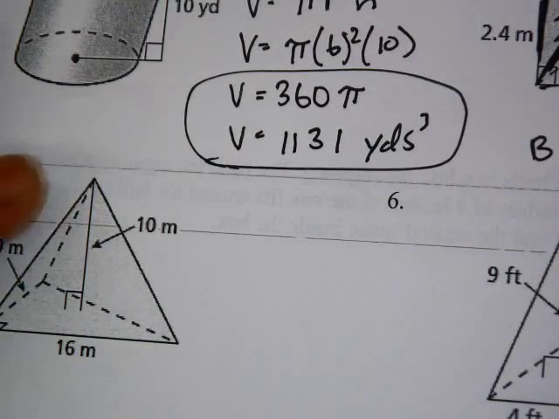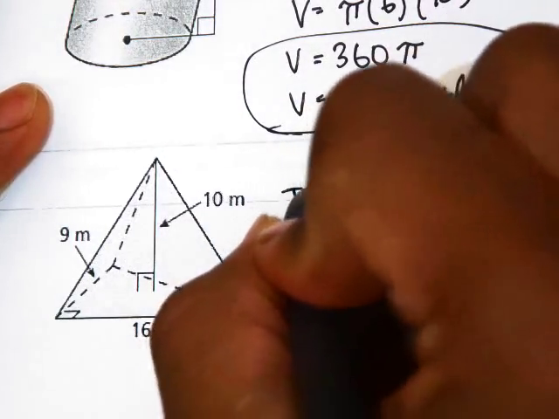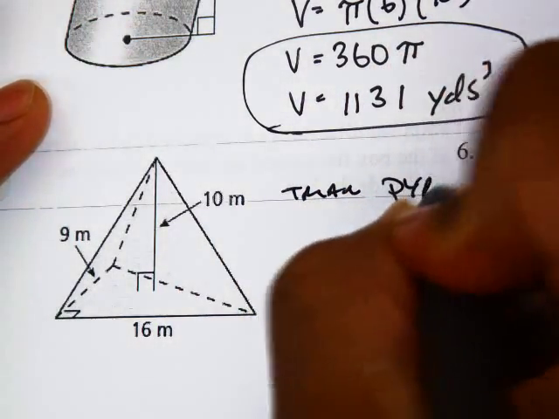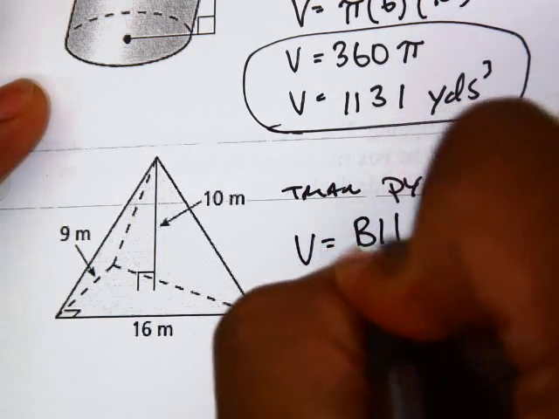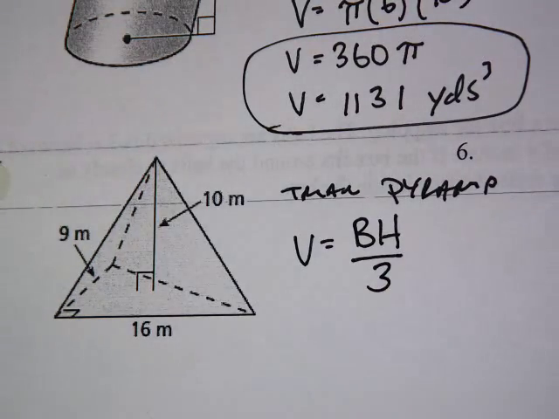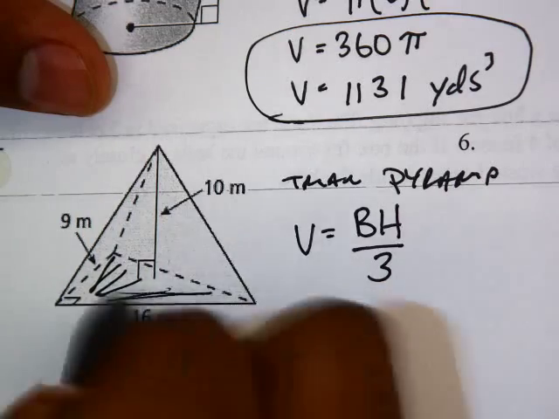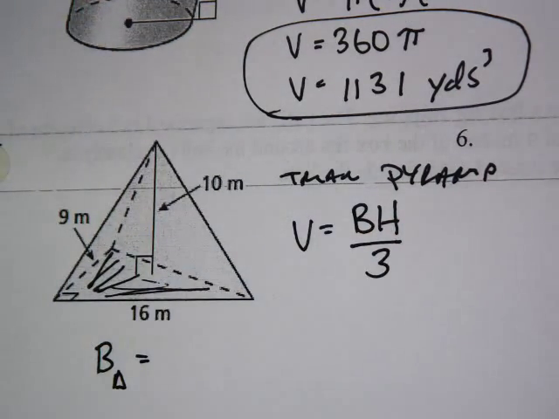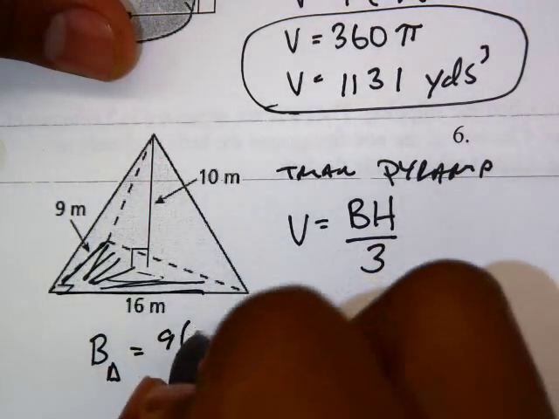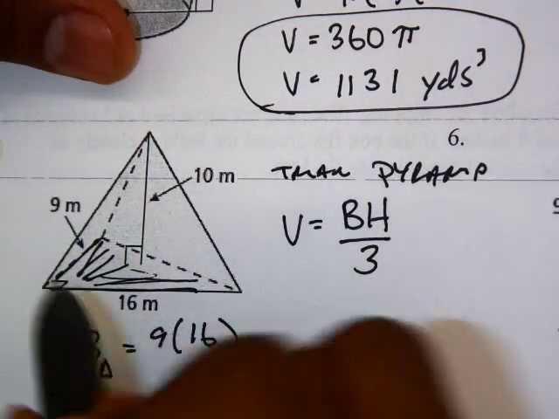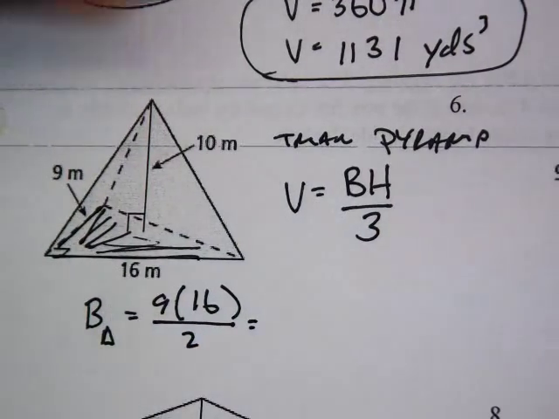Number 5 is a pyramid, and it's a triangular pyramid. So the volume formula for any pyramid is capital BH divided by 3. So the capital B, again, is a triangle. It's this one at the bottom. So I need to do base times height divided by 2. So this side is 9 times this side that's also perpendicular to it, because you see the right angle. 9 times 16 divided by 2, because it's a triangle.